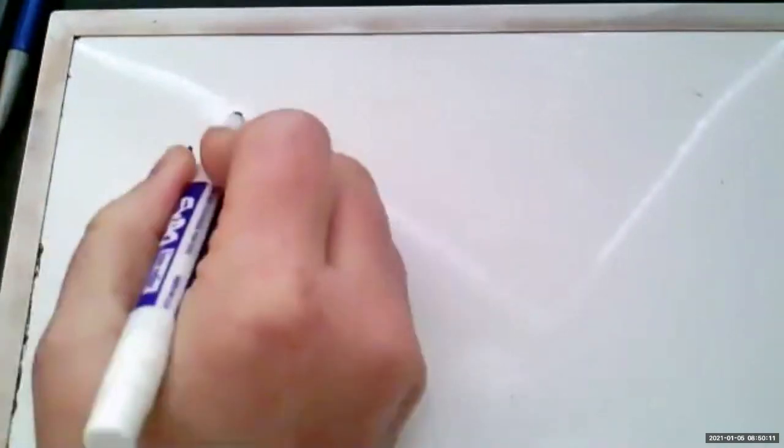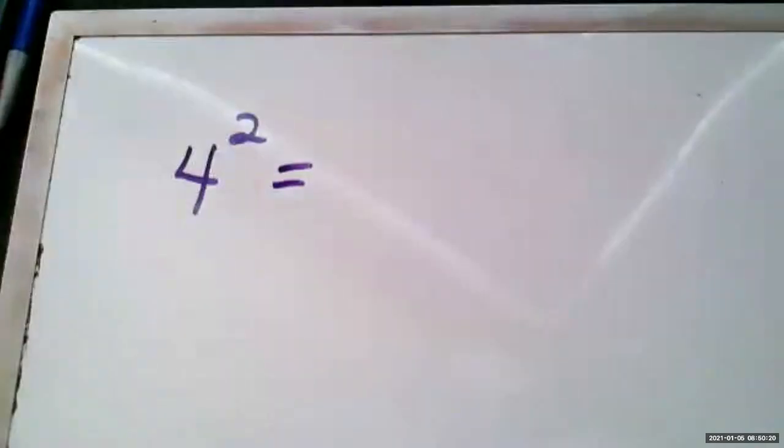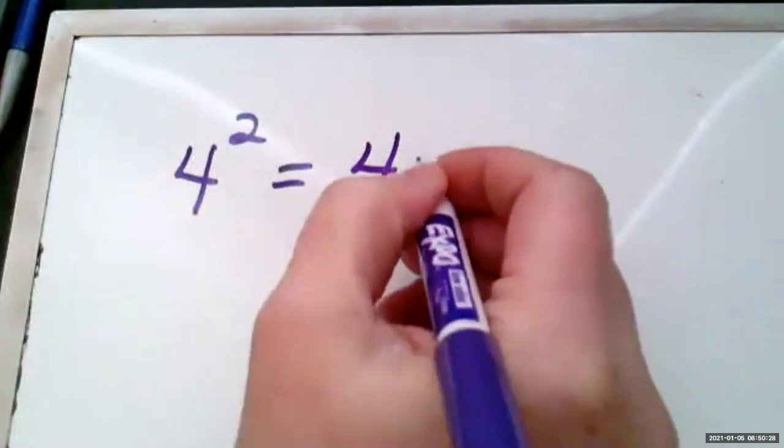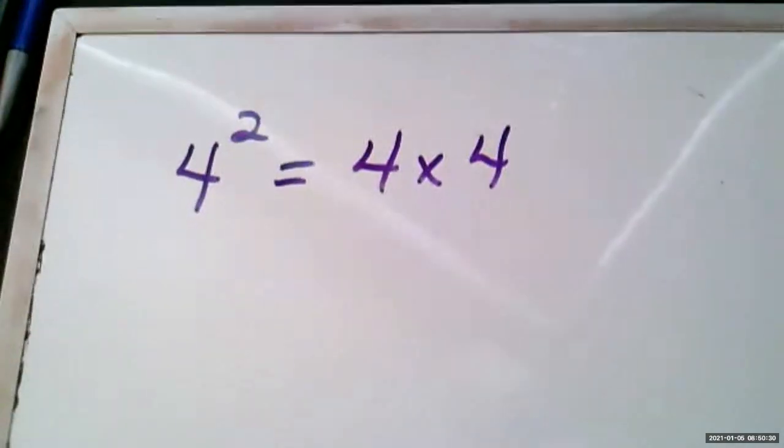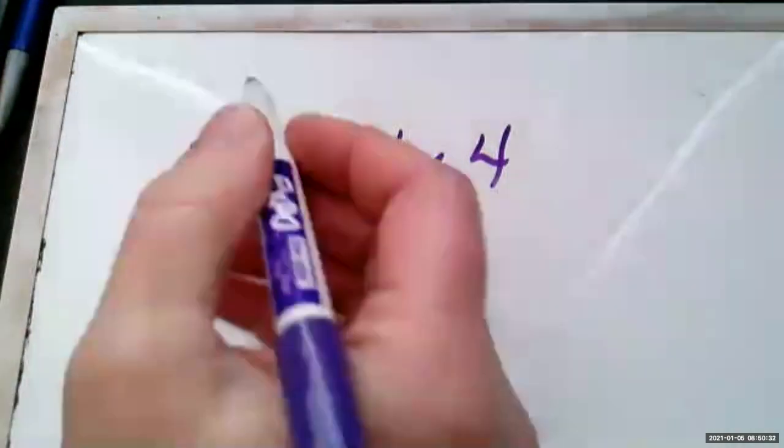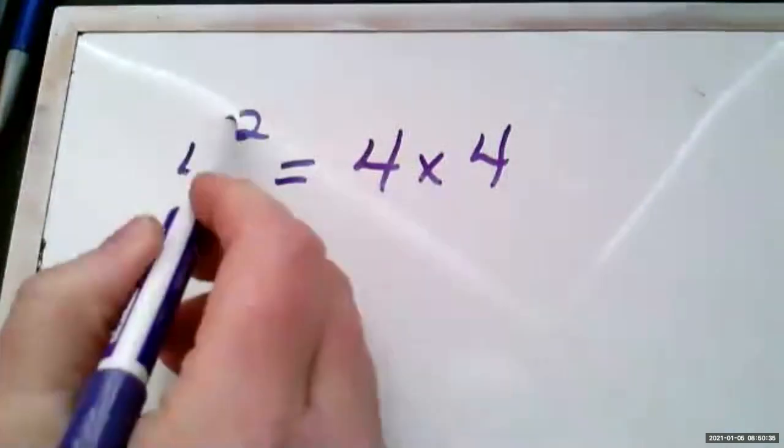If I said 4 to the 2nd power, what does that mean to do? Just tell me what that means to do. Yes, thank you, Kaya. It just means you multiply 4 2 times. So 4 times 4. You multiply the base number by itself.